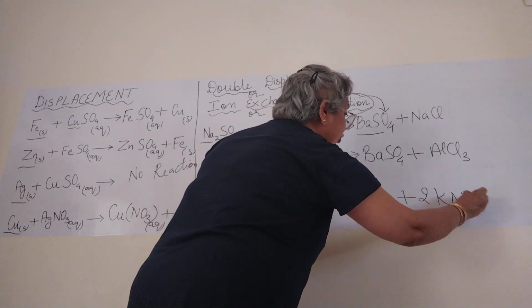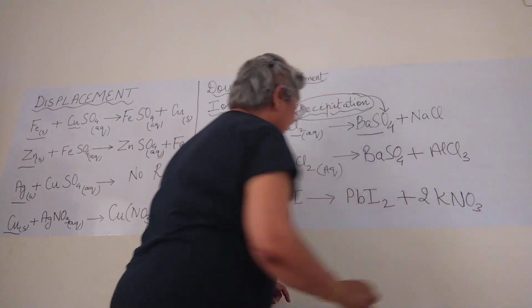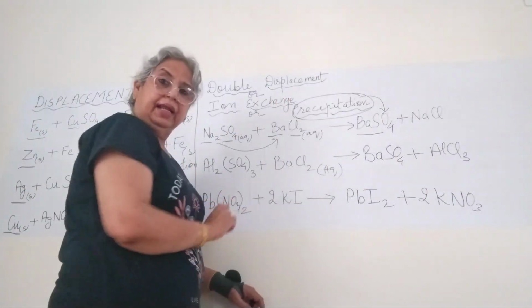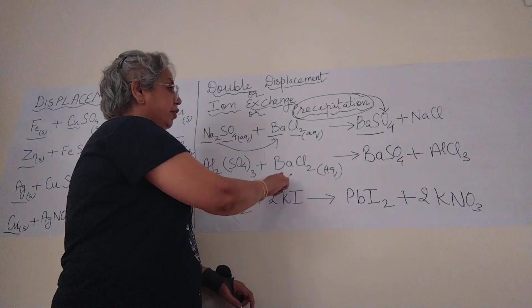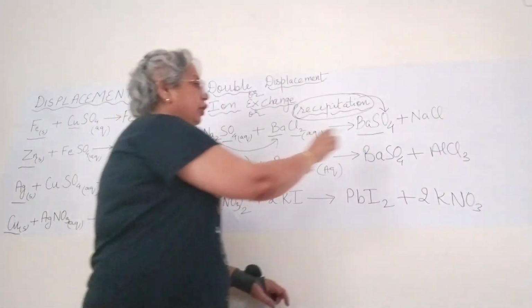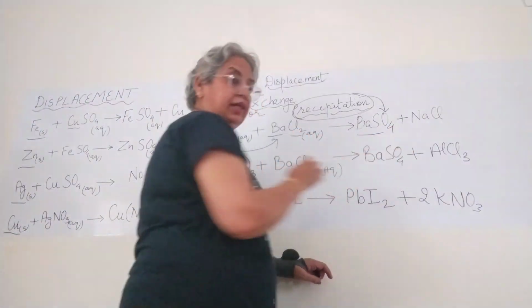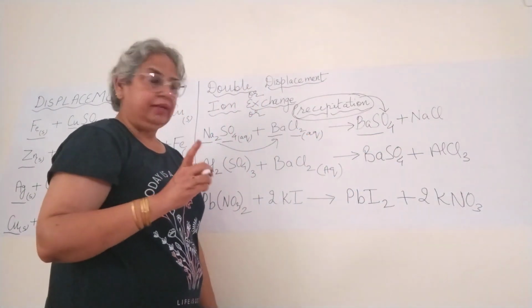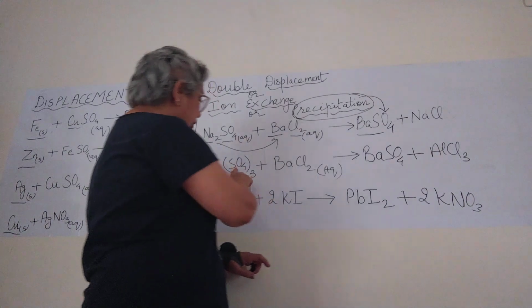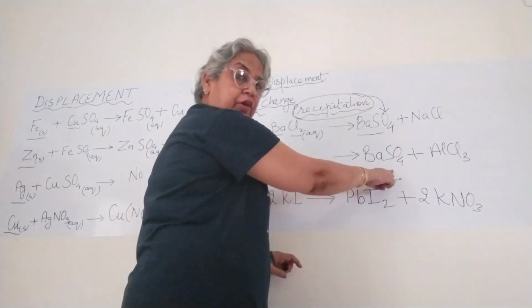Okay. Now you see, the third equation I have balanced. What about this equation? Aluminium 2, aluminium only 1. Chlorine 2, chlorine 3. So this is unbalanced. And here, sulfate thrice, sulfate only once.